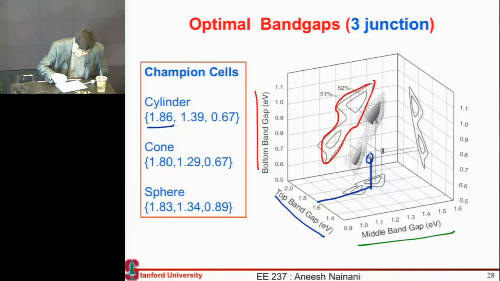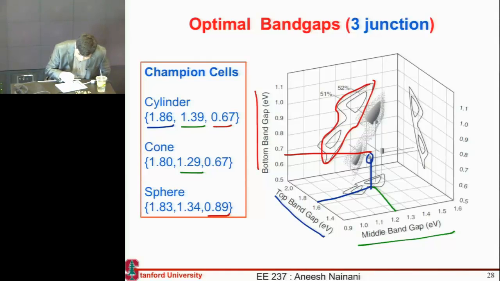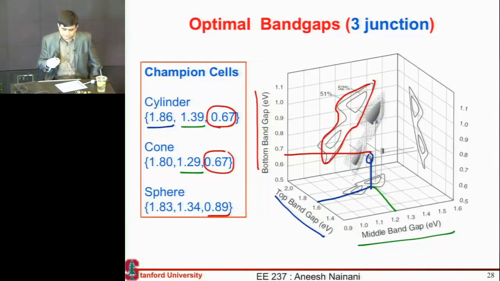The intermediate cell usually lies between 1.2 and 1.4, and the lowest band gap is actually best if it's around 0.8 or 0.9, but in reality with the semiconductors we have, this is usually around 0.67, which is the band gap of germanium.